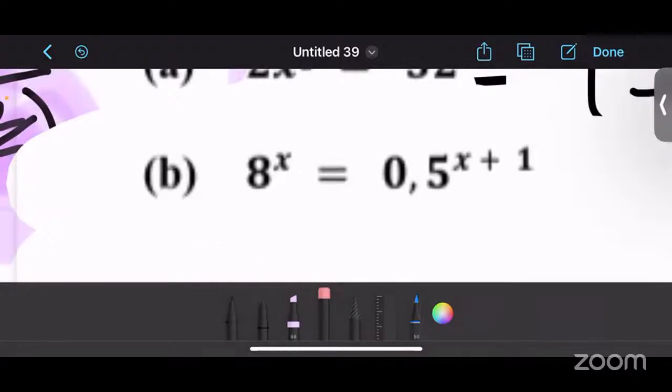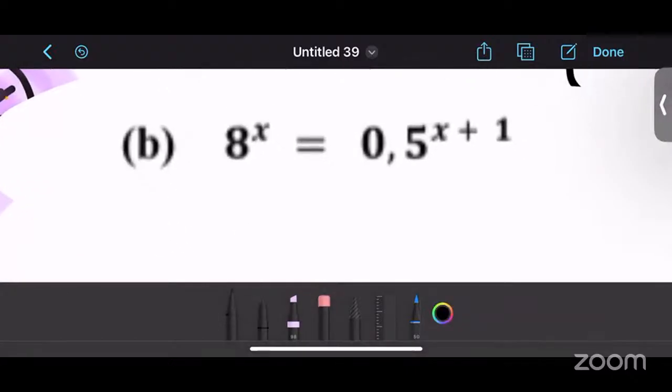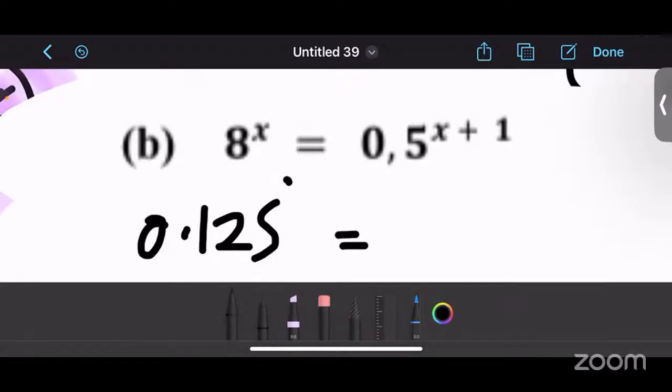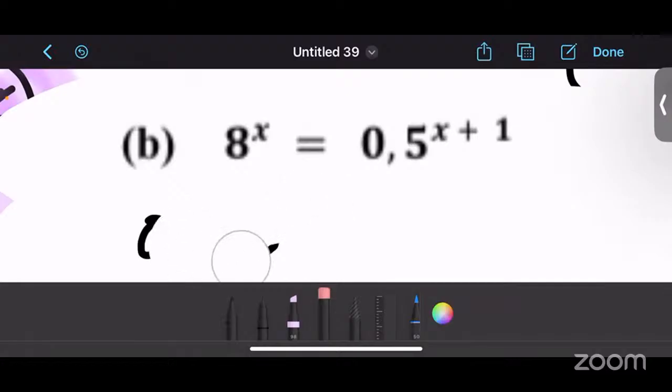So that means you are basically saying that your base is going to be 0.125 to the power of something equals to 0.5. Ma'am, I said 8 to the power of -1 is equal to 0.5 to the power of 3, x plus 1. So my base is going to be 0.125.